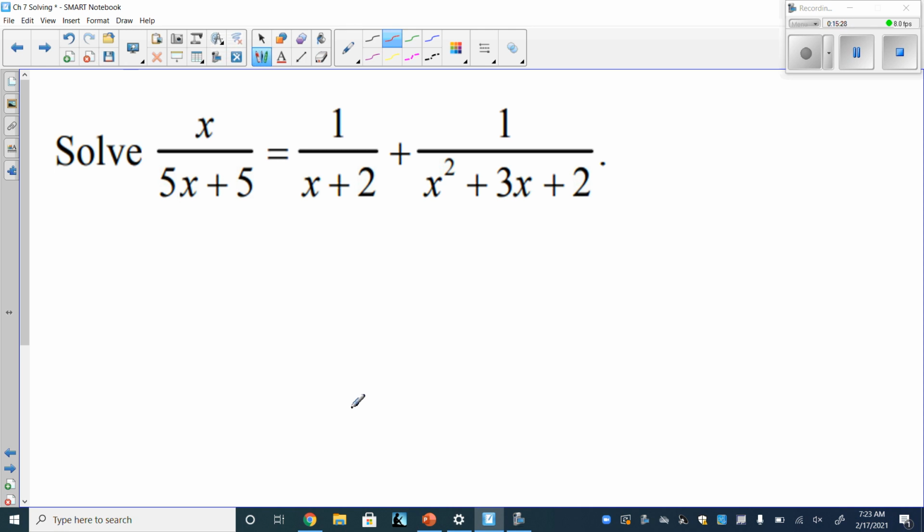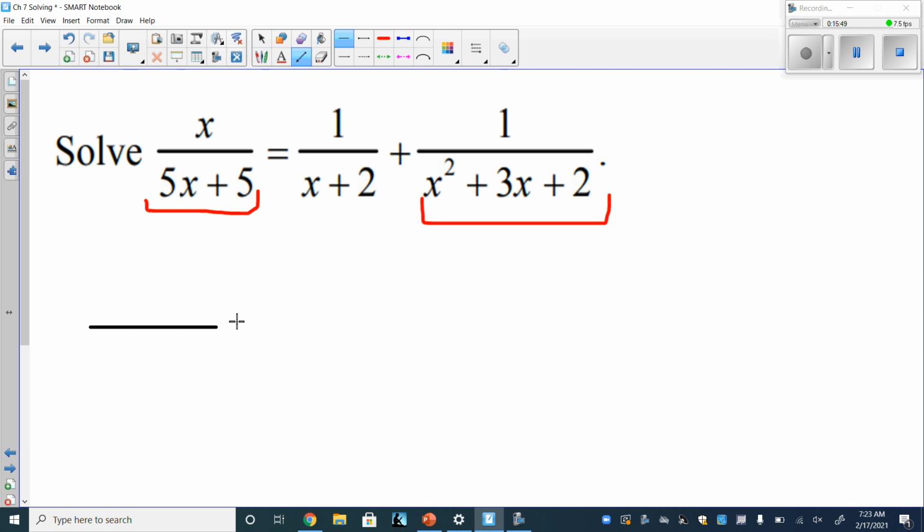So, when we look at this here, we're going to solve it. The first real thing we need to do is simplify any of the denominators. Well, this one here and this one here will simplify a little bit, and once we finish simplifying it and figuring out what we multiply it by, we can find our restrictions, so we know what values of x we cannot have.